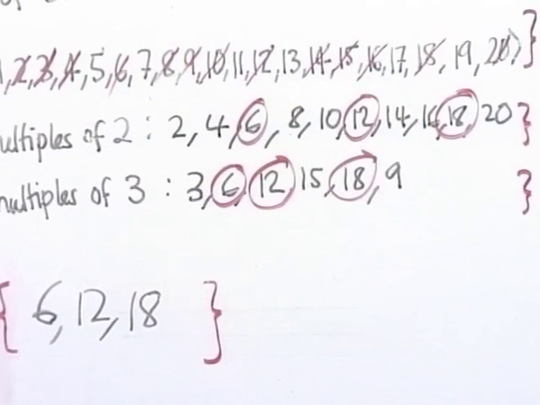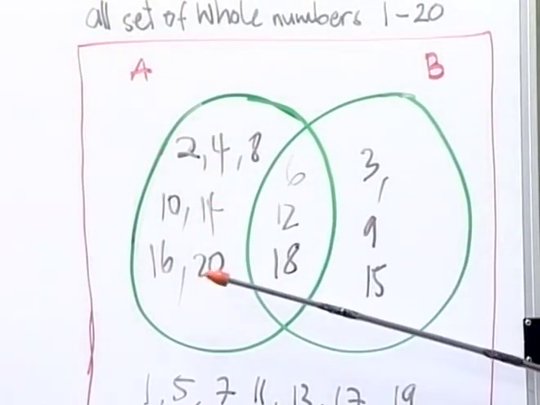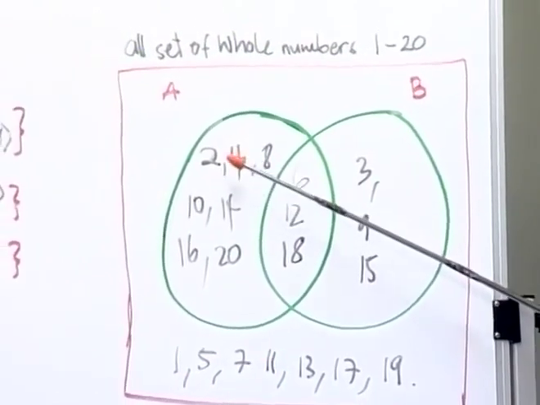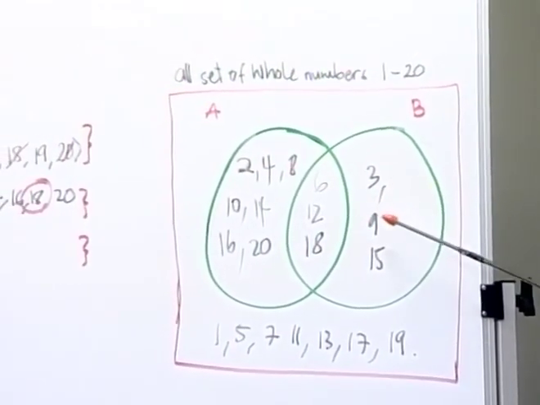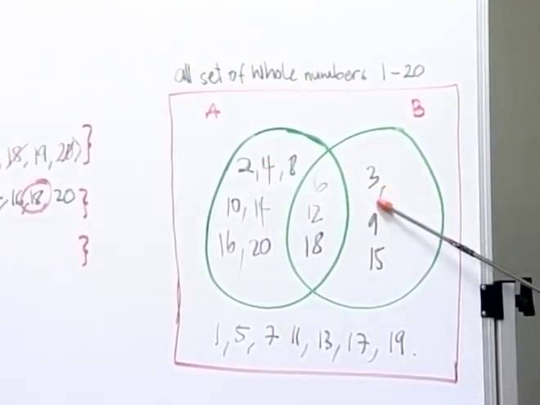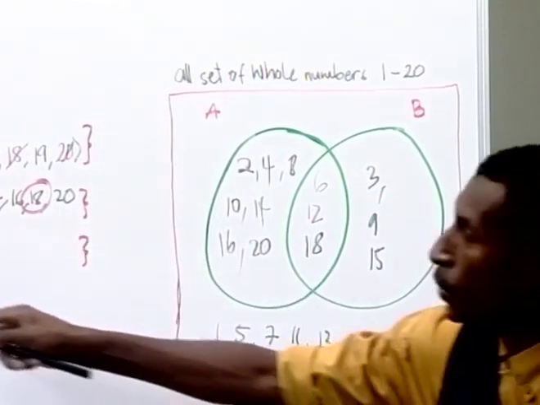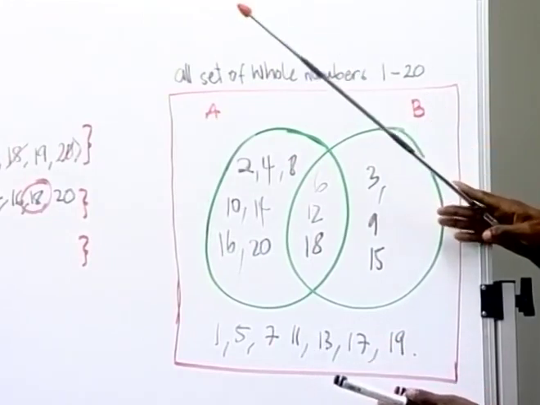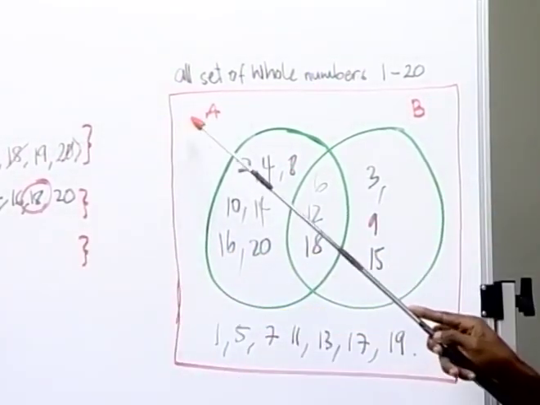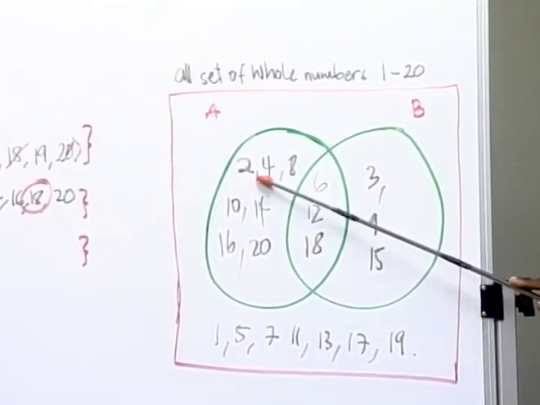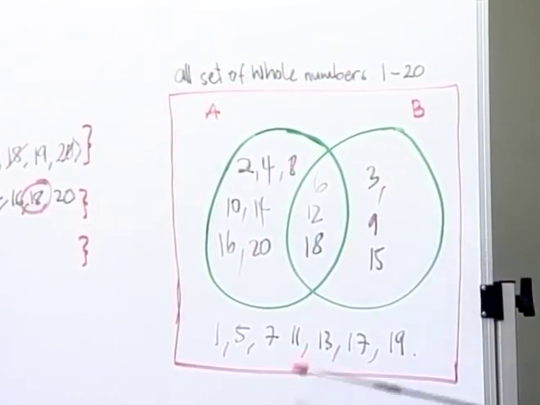This set of numbers are numbers which are not multiples of 2 and multiples of 3. In other words, they are not in subset A and B. But they are also part of the universal set. So they have to be inside the rectangle. They are all the whole set. So these are the numbers which are not multiples in subset A and subset B, but they are part of the set.